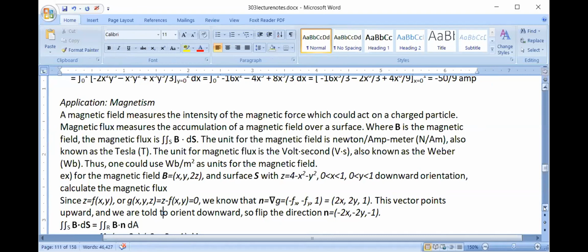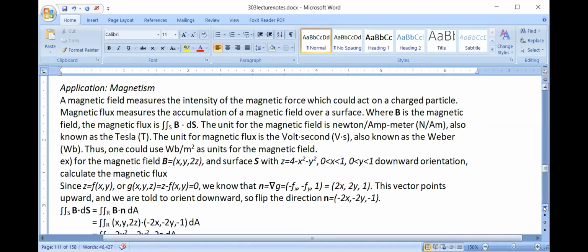So let's plug that all in and see what we get. We know our vector field B is x comma y comma 2z, but we know that z is really 4 minus x squared minus y squared. So we have to make that substitution.